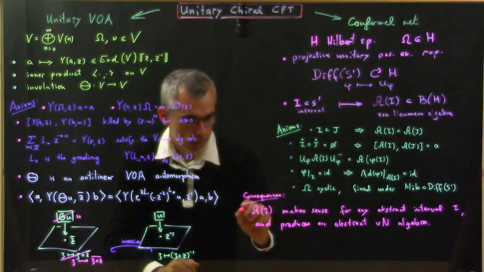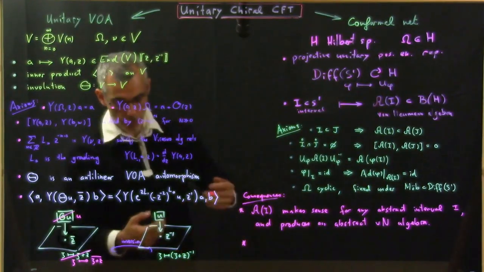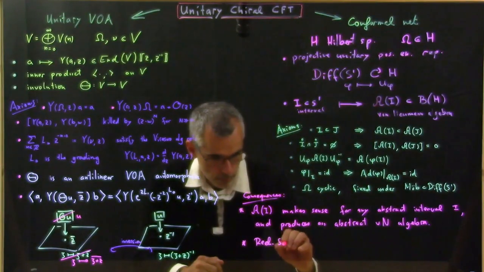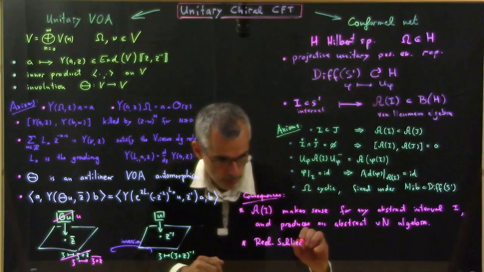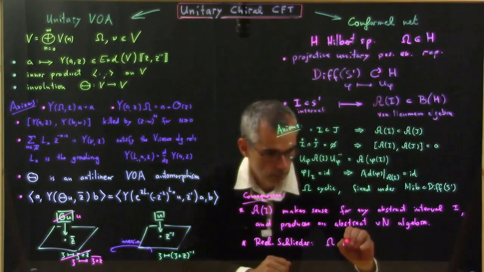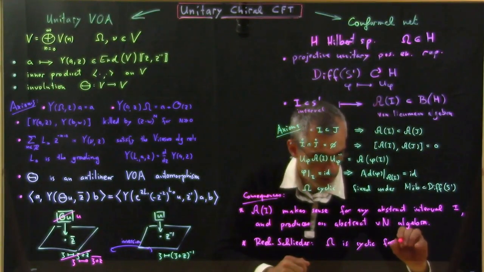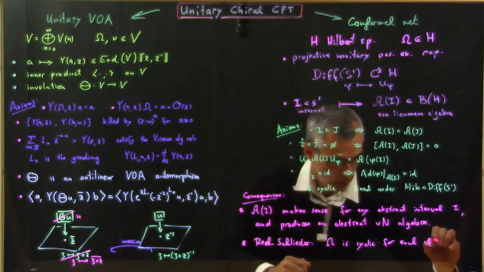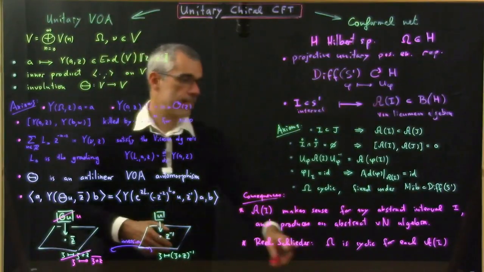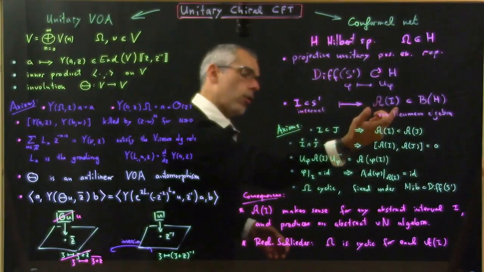So this is one consequence that we have, and then another one that I want to list is the so-called Reeh-Schlieder theorem, which says that the vacuum vector is in fact cyclic for every one of these local algebras individually.